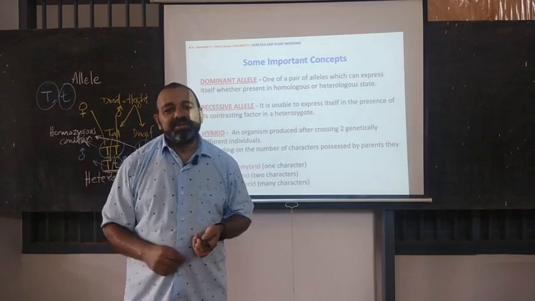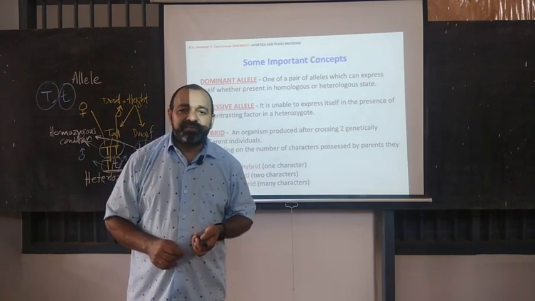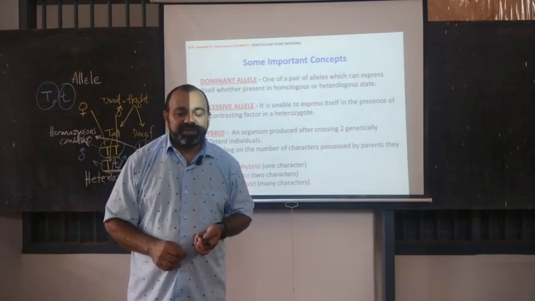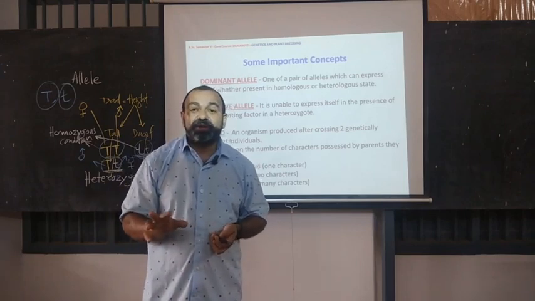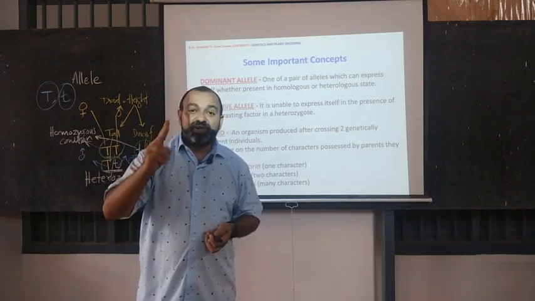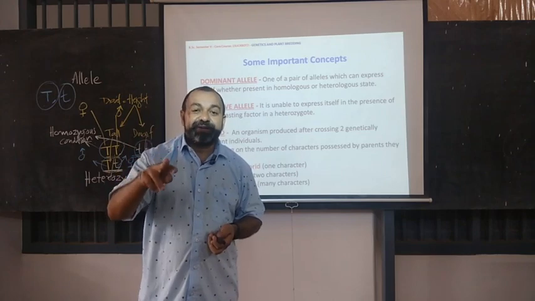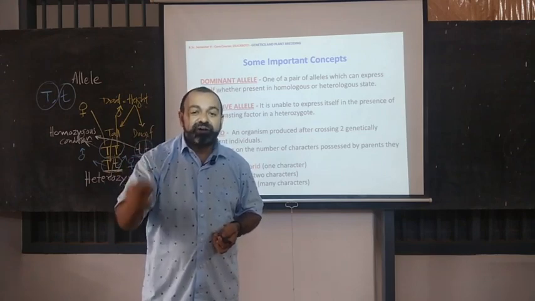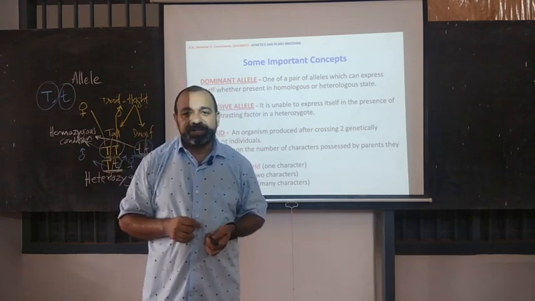Instead, they are produced by vegetative propagation. A hybrid is produced when two genetically different individuals are crossed to produce a progeny.